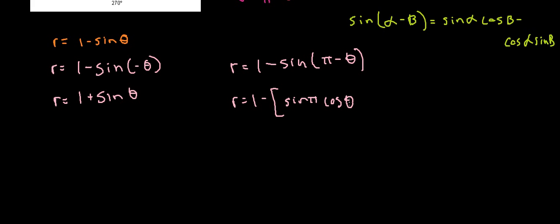Cosine, remember, just theta. They have a different formula for alpha plus beta. Sometimes it's easy to forget that, especially if one isn't using these formulas all the time. It's just a reminder. It's cosine alpha, which is pi, and then sine beta, which is just theta.